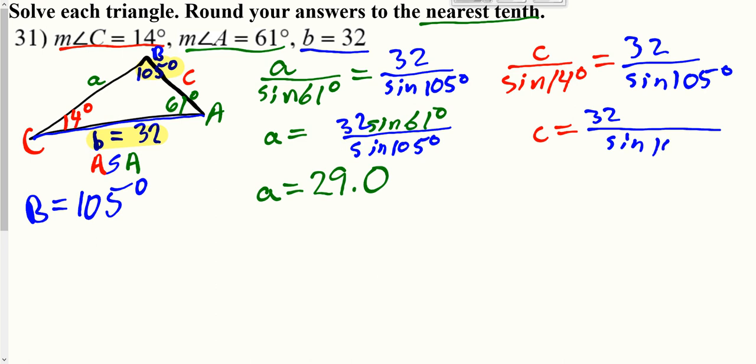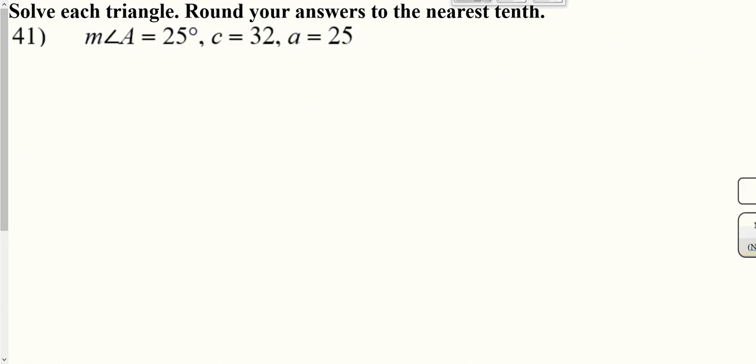When I do that, it gets rid of that dividing by the sine of 14 and ends up putting it over here on the side with the blue. And then I can type in 32 sine of 14 degrees, close my parenthesis, divide by sine of 105, and I get 8.0. When I look at the next problem, I'm going to draw this out.